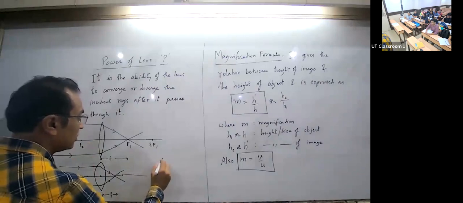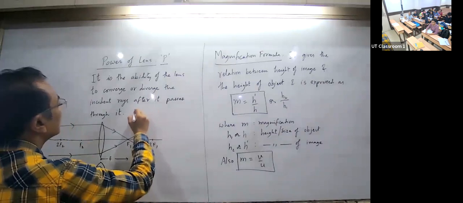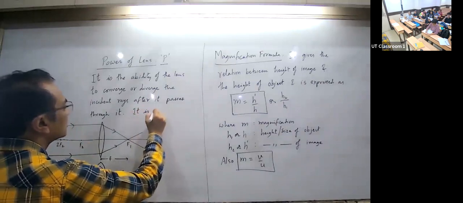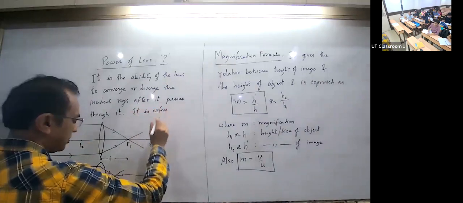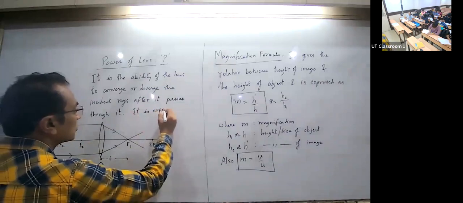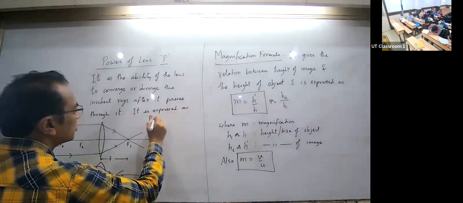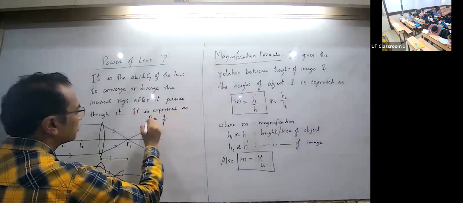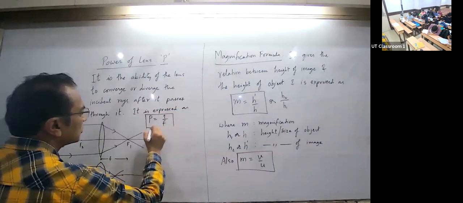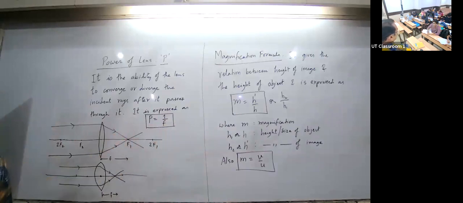So that's why the relation of power is mathematically expressed as P is equal to 1 by f. Smaller the focal length, more is the power. There is an inverse relation, right?